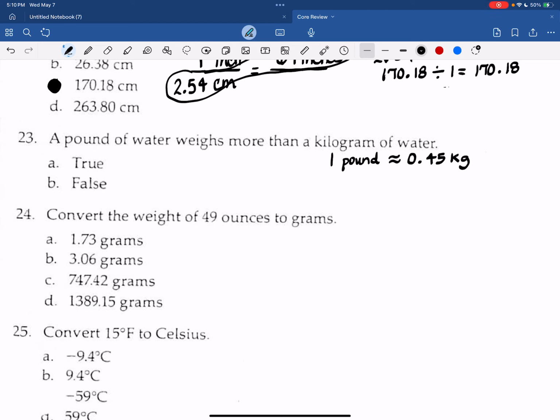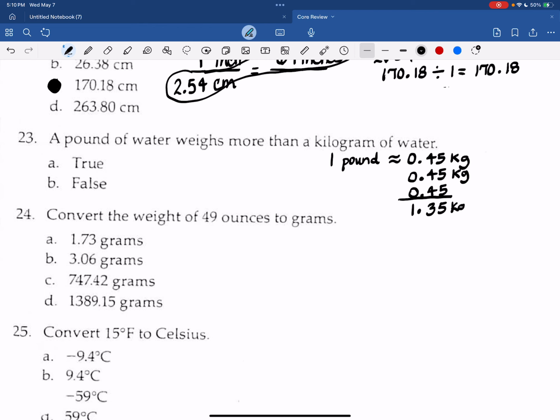So in order to get a whole kilogram, I would have to have another one and another one. This would be over a kilogram. Let's add these up. Let me not even try that. 0.45 times 3 would be 1.35 kilograms.